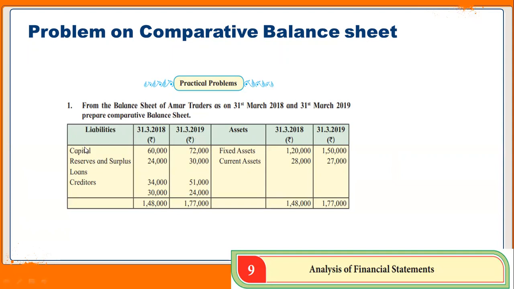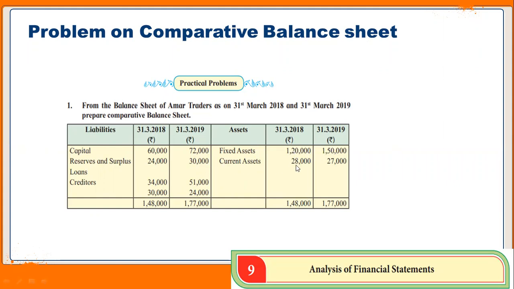First, see the liabilities. Capital 60,000, 72,000. Reserves and surplus 24,000, 30,000. Loans 34,000, 51,000. Creditors 30,000, 24,000. Assets: fixed assets 1,20,000, 1,50,000.